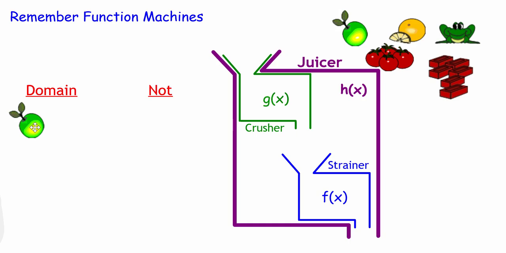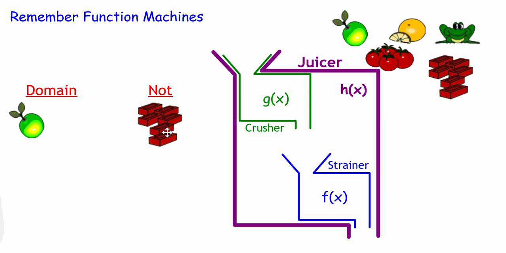What we found, though, was bricks. If I had a strong enough crusher, my bricks could go into this first g of x function, and it would give me gravel as output. But then I have a problem. This gravel that I'm getting as output from g of x can't go into my strainer and give me anything useful out. In other words, it gunks up my machine at this middle point.